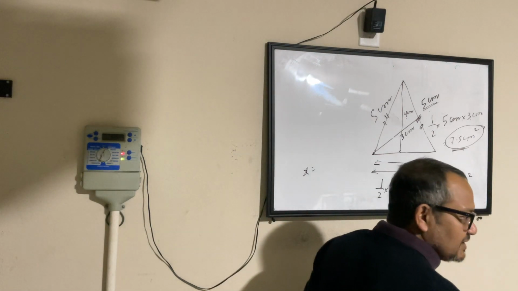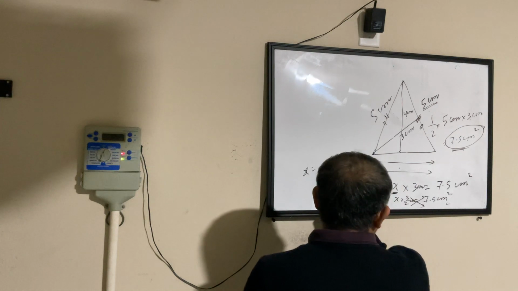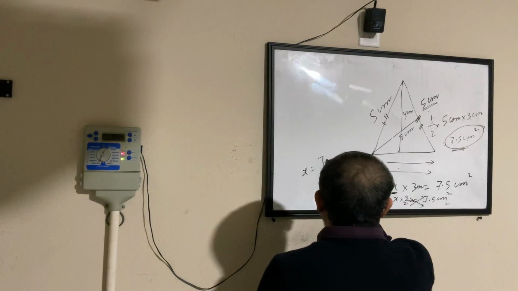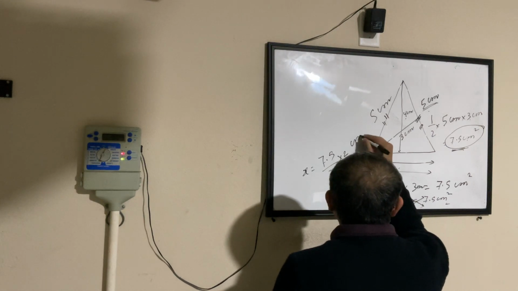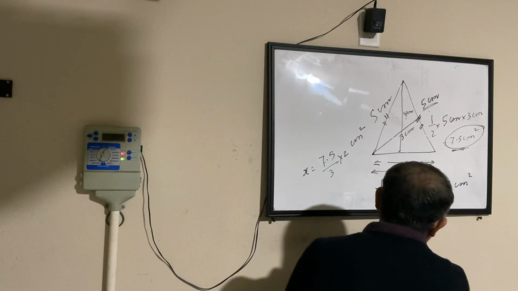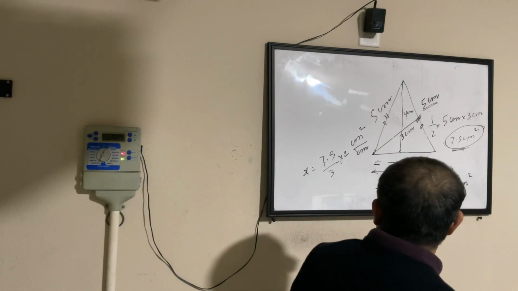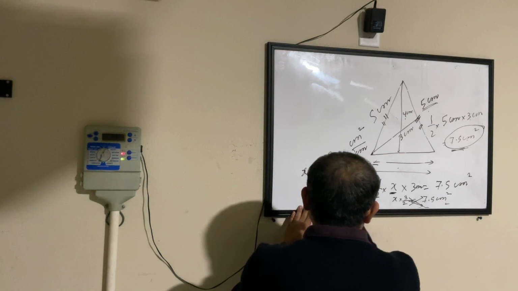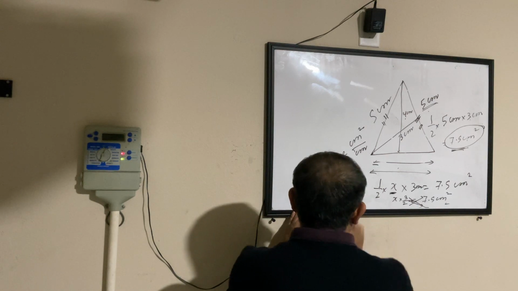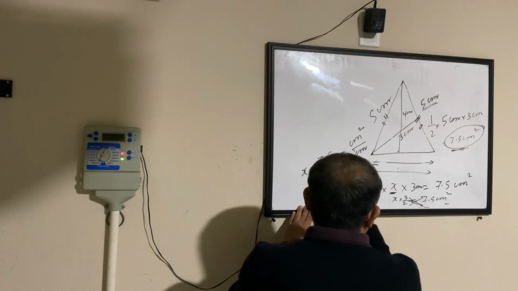Now you will say why. I will show you guys that thing also. So this x becomes 7.5 divided by 3 into 2 centimeter square by, this centimeter also comes down, so this becomes here by centimeter. So you can say 7.5 is nothing but 75 by 10 into 2, here 3.